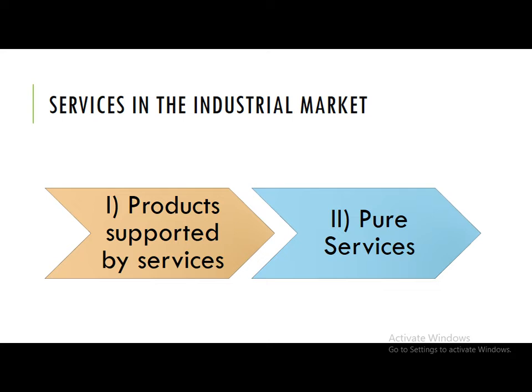Services are highly variable, but products are highly standardized. The universally recognized difference between goods and services is intangibility. Services are more intangible than manufactured goods, and manufactured goods are more tangible than services. Because services are actions or performances, they cannot be seen or touched.